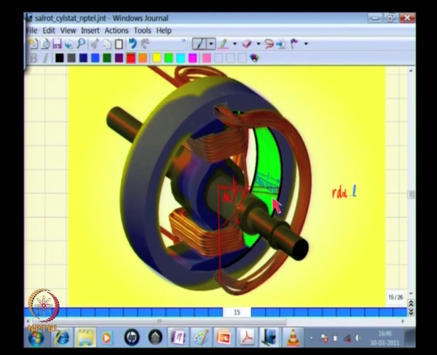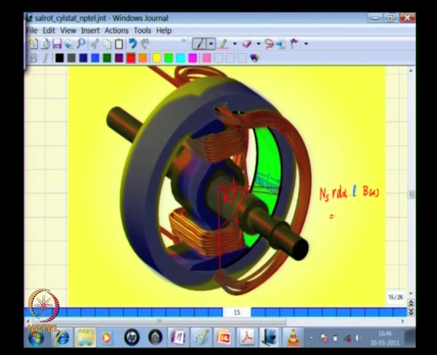Now, this occurs at an angle alpha, and we know the flux density at a given angle alpha by our Fourier series expansion. Therefore, the flux passing through this elemental area is given by B of alpha multiplied by this elemental area. Due to this flux crossing through this area, the stator has a flux linkage, which is the number of turns in the stator multiplied by the flux passing through.